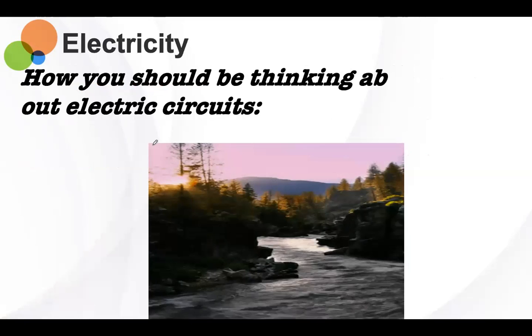Electric current, as you saw in the initial experiment, we had a battery here, and it went around to a resistor. This is a resistor. This is like your lamp.